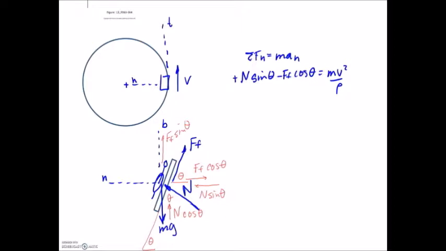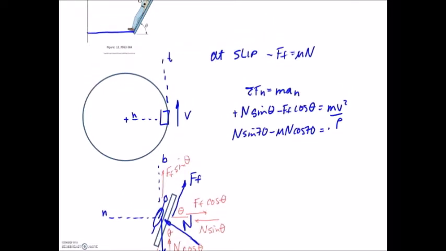So let's see what we got. At the point of slipping, which is what we're looking for, at the limit, force of friction is equal to mu N, which we should know. And so I'll say N sine 70 minus mu N cos 70 is equal to the mass. And the mass is how much?